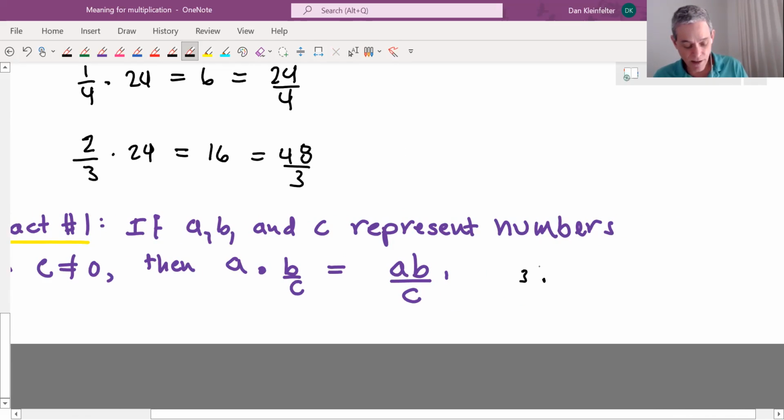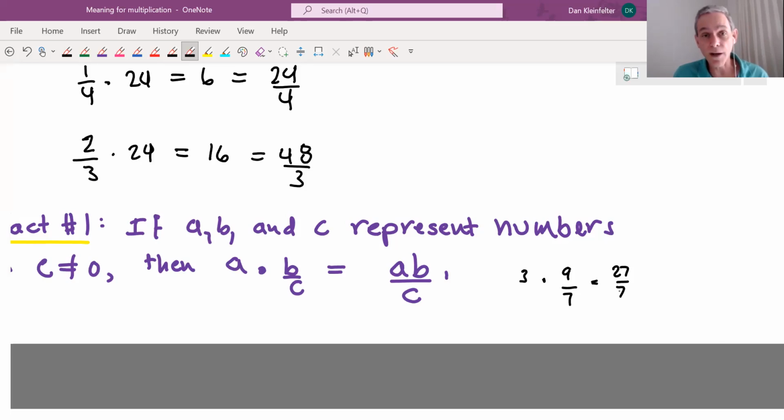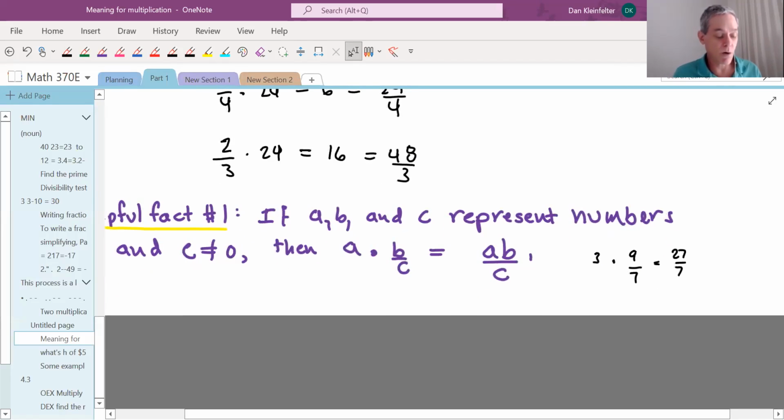If you wanted to take 3 times 9/7, this is going to be 3 times 9, or 27, over 7. Multiplying a whole number times a fraction, you multiply the whole number times the numerator and put it all over the denominator of the fraction. And that's what we're going to call helpful fact number 1.